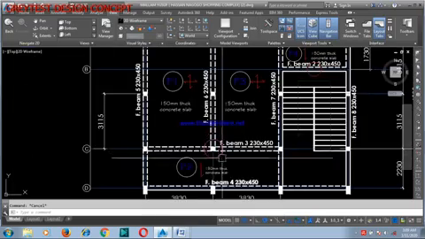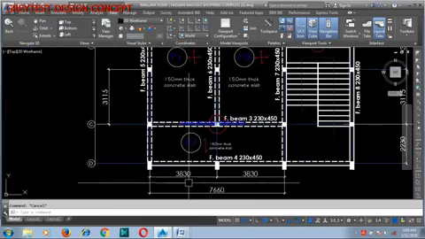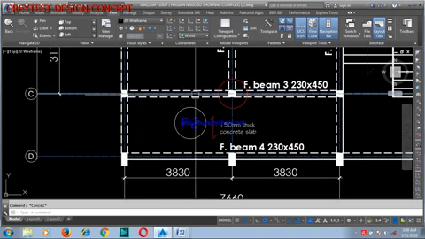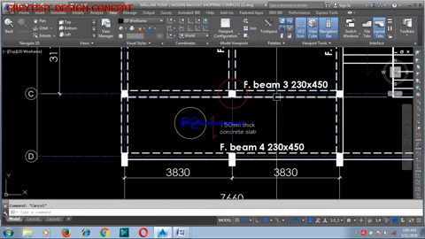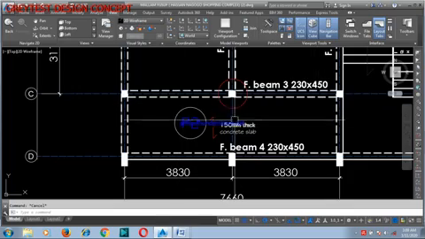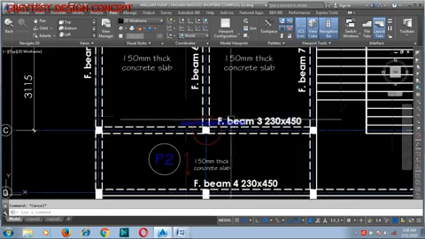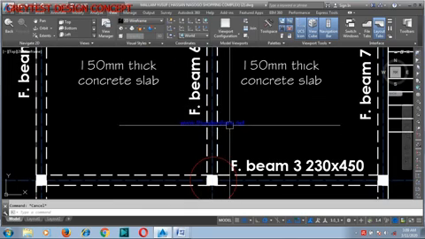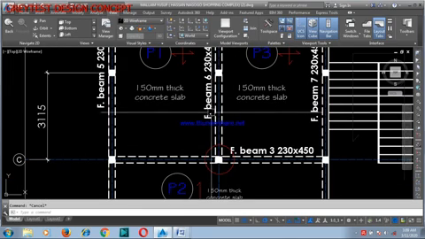To begin, this column, if you look at it, is carrying this beam 3, this one and this one. It's also carrying this other beam, but not the entire beam.